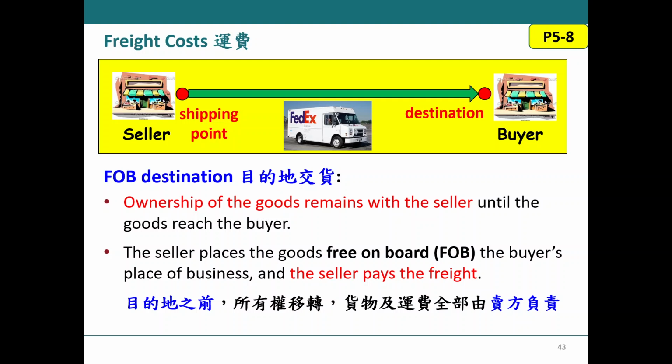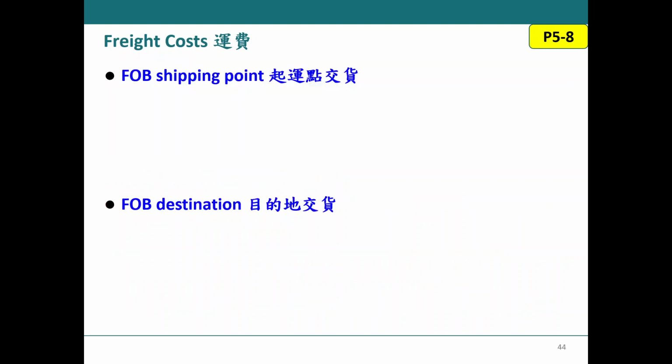FOB destination, who pays the delivery fee? Sellers are in charge of everything. Okay? So slide 44. We've mentioned this, but we only mentioned shipping point. Shipping point, buyers are in charge. Buyer pays the delivery fee.